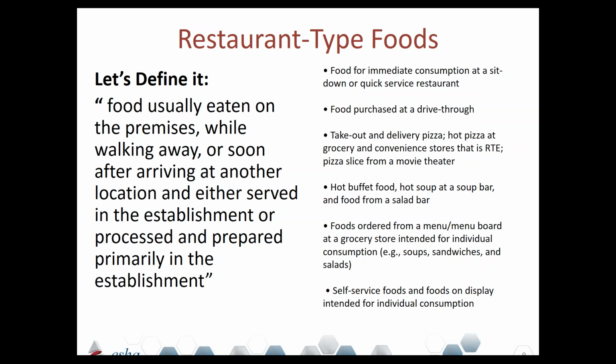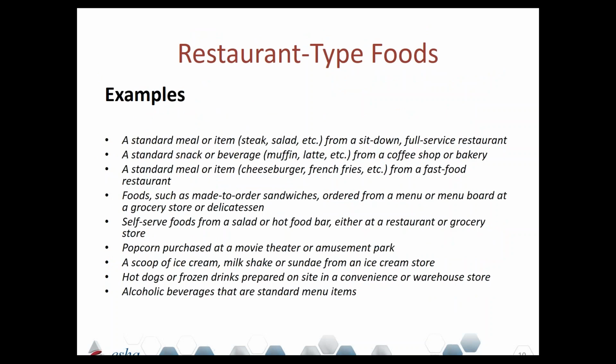A couple of examples would be a takeout pizza or a hot slice of pizza from the grocery store, some soup from the hot bar, perhaps foods purchased at a drive-through. Some other examples may include popcorn from a movie theater, a cheeseburger from a fast food joint, or ice cream from an ice cream store.